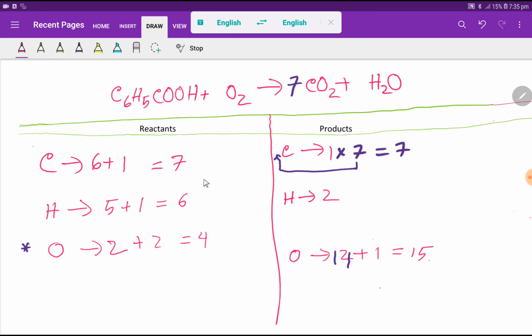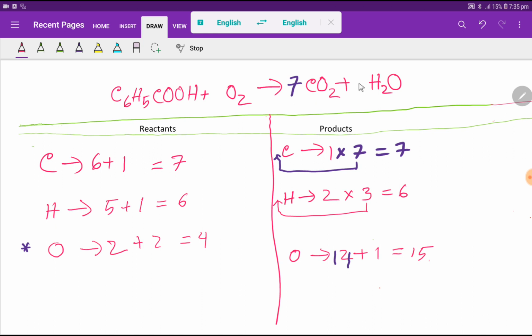Look, now our carbon 7 is balanced. We have to balance the number of hydrogen. So to balance the hydrogen, what can I do? I can multiply here by 3, that gives me 6. So this 3 must come before this hydrogen, right? Okay, so this 3 will go before here. If you multiply by something, that something will come before the atom.